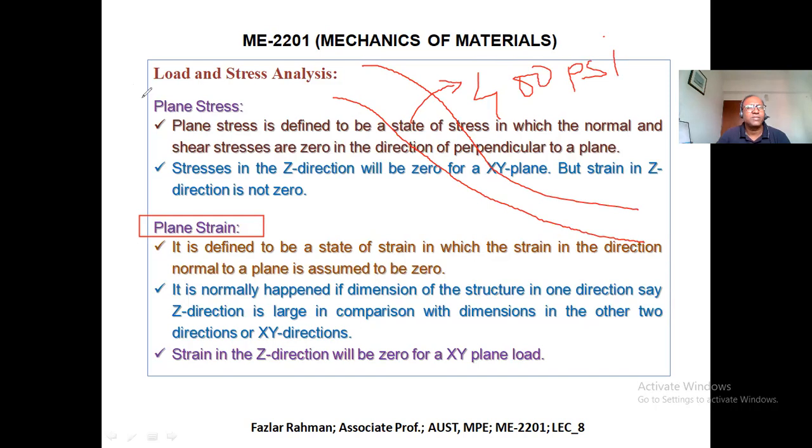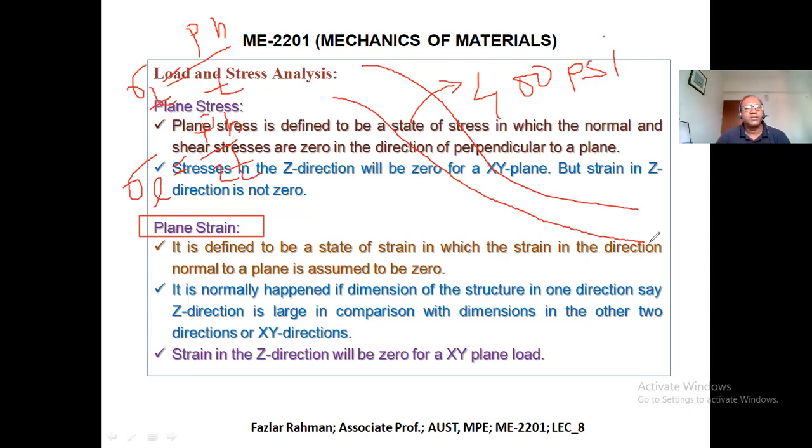So you have sigma T equal to PR divided by T. Then you get sigma L, sigma L equal to PR by 2T. So you can figure out what the stress in the pipe will be.